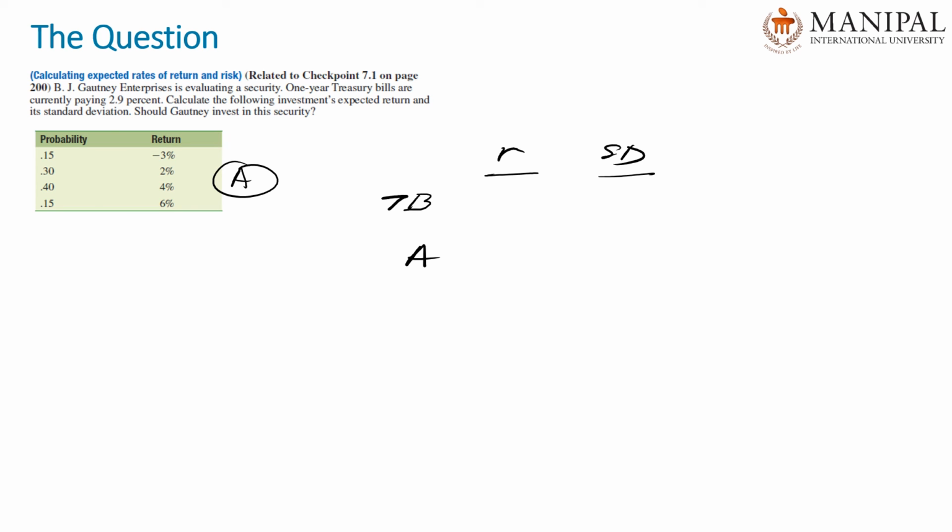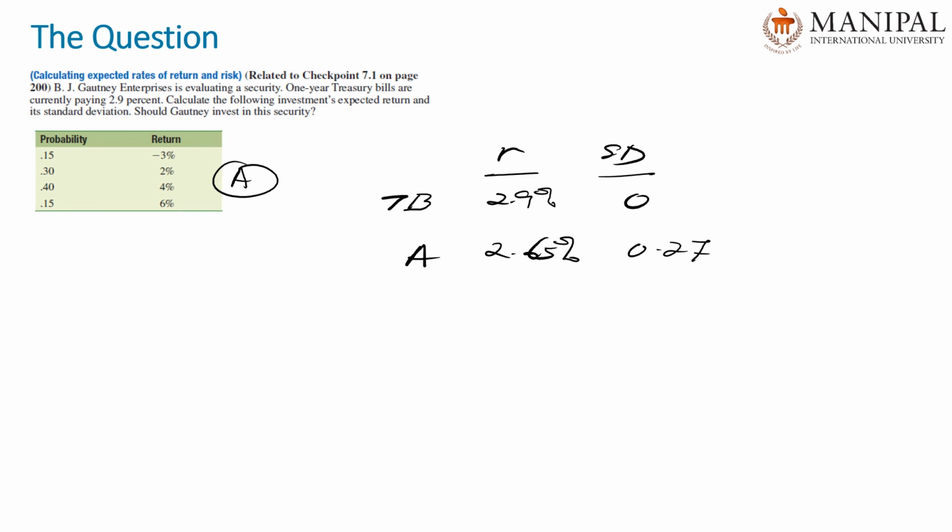For the treasury bill, the return is 2.9% with 0 standard deviation, while for asset A, the return is 2.65% with a standard deviation of 0.27.